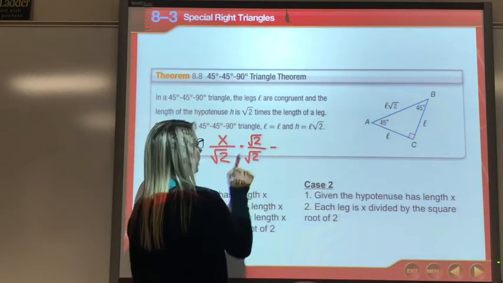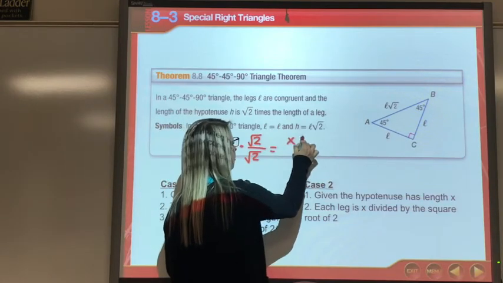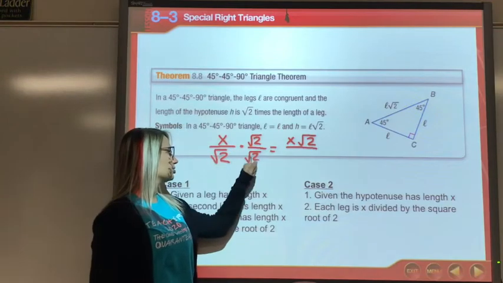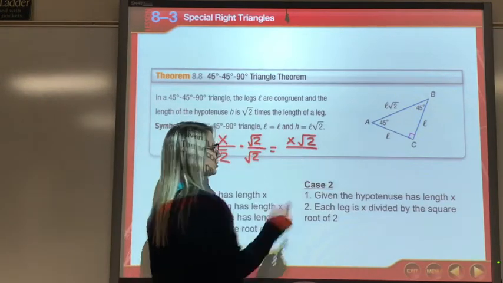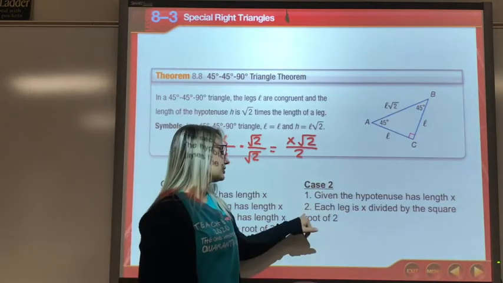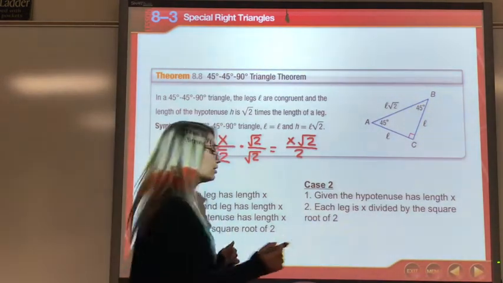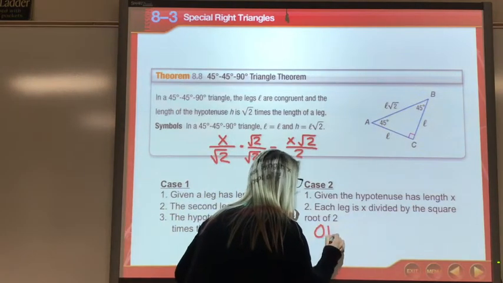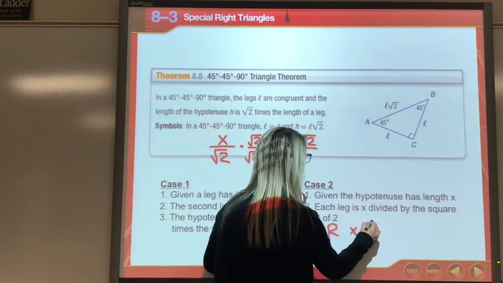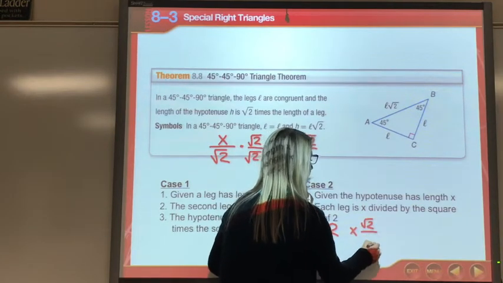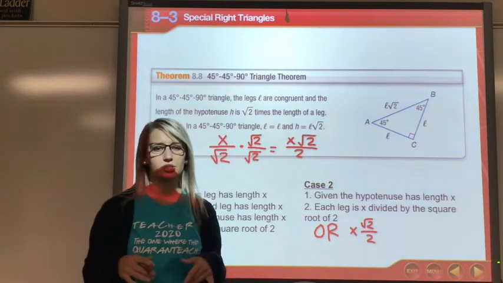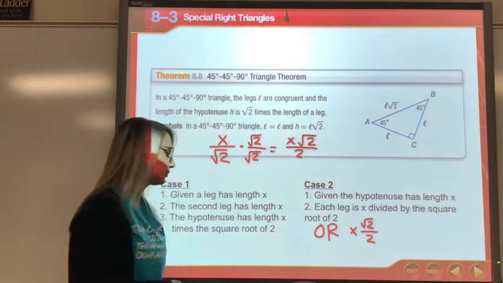That would give us x root 2 over, here we have root 2 times root 2, so it's just over 2. So, in the same step of dividing by the square root of 2, you could also say we would multiply by root 2 over 2. So you would take half of whatever x is times root 2. Sometimes it'll simplify out, sometimes it won't.